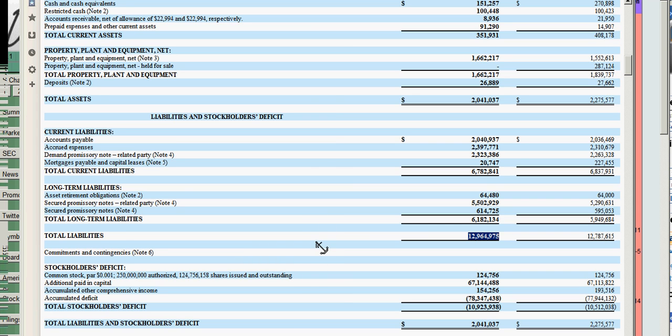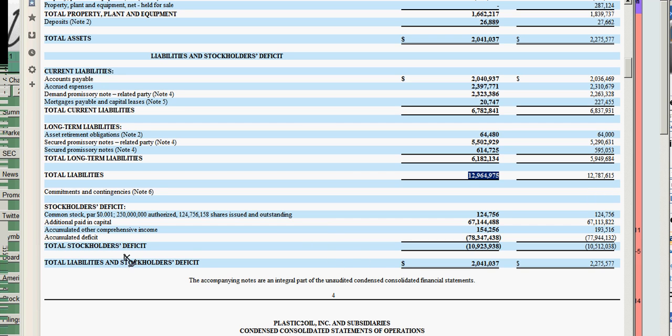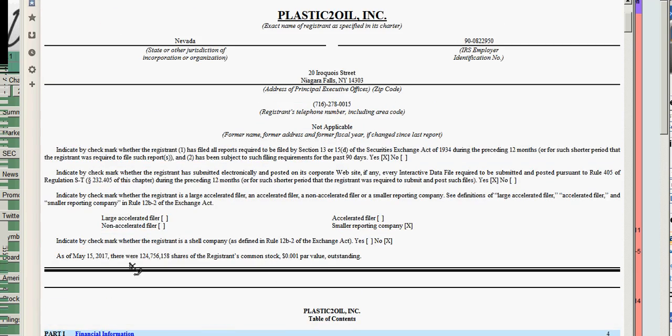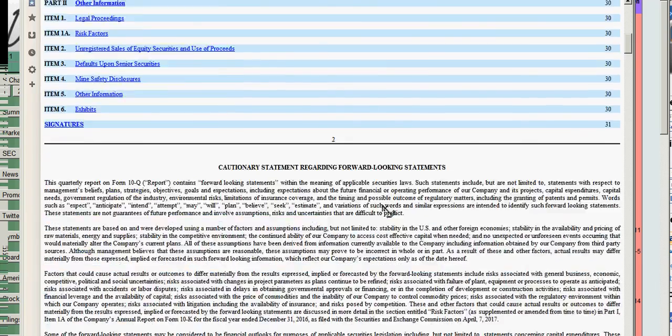And again, you have this line here under stock. They're calling it a stockholders' deficit now because the shares are basically worth nothing. Common stock 250,000 authorized, 125 million shares issued and outstanding, and this matches what's up here. So they're not diluting, or at least not right now. Let's see what these guys are trading at.